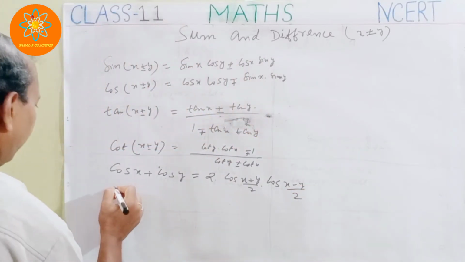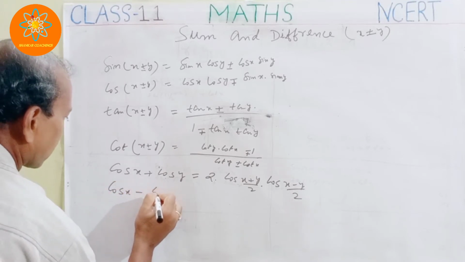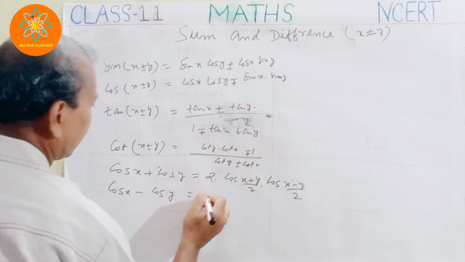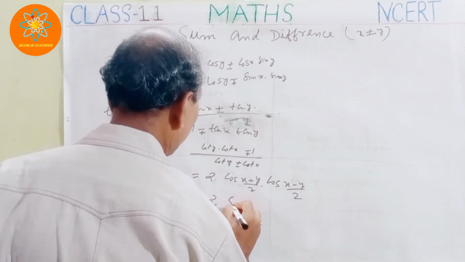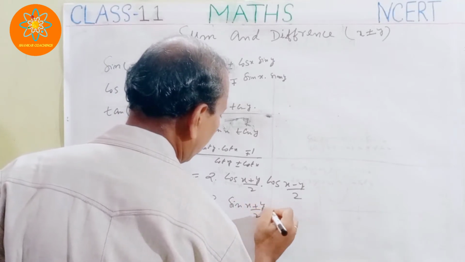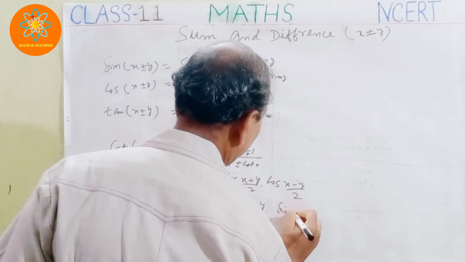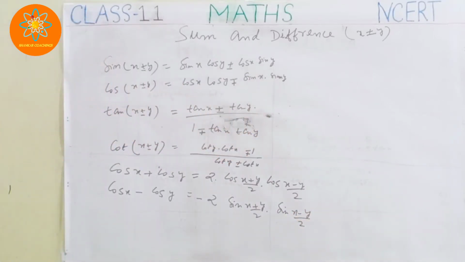Similarly, if you take cos x minus cos y, this is equal to minus 2 sine (x plus y)/2 into sine (x minus y)/2. This is for cos x minus cos y.